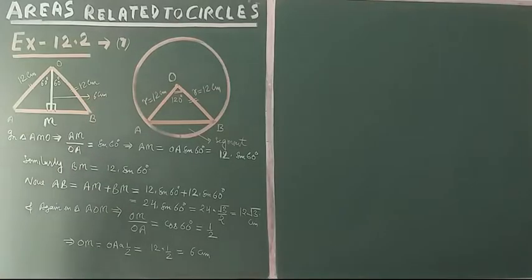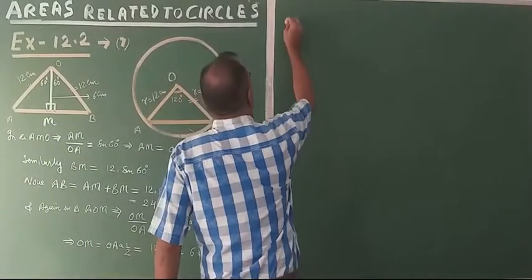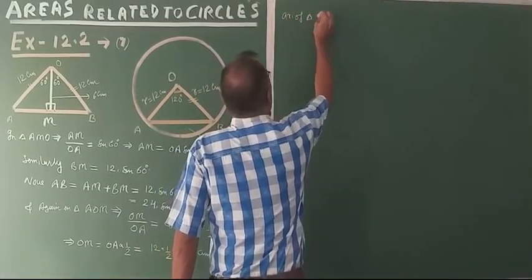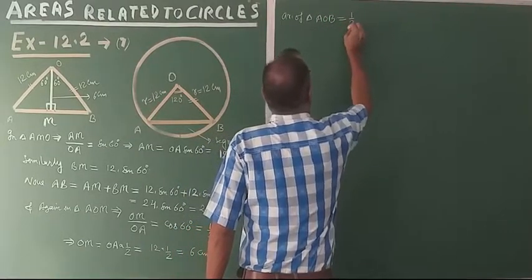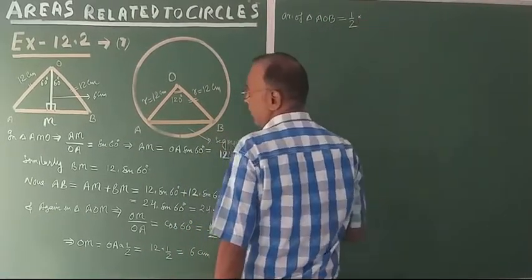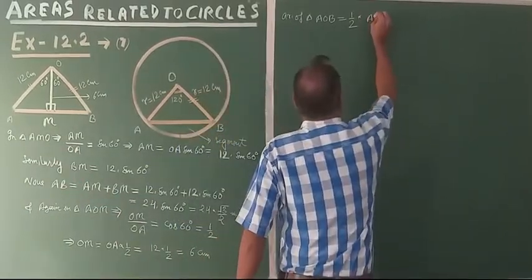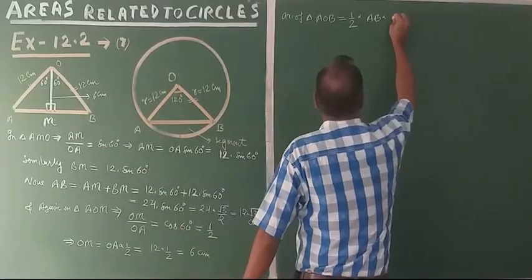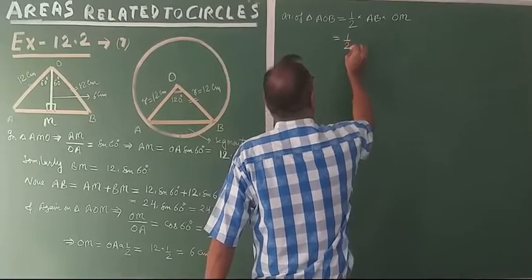Now area of the triangle AOB. Area of triangle AOB will be equal to half into base. What is your base? AB. And height is this one, OM. Put the value here, 1 upon 2.